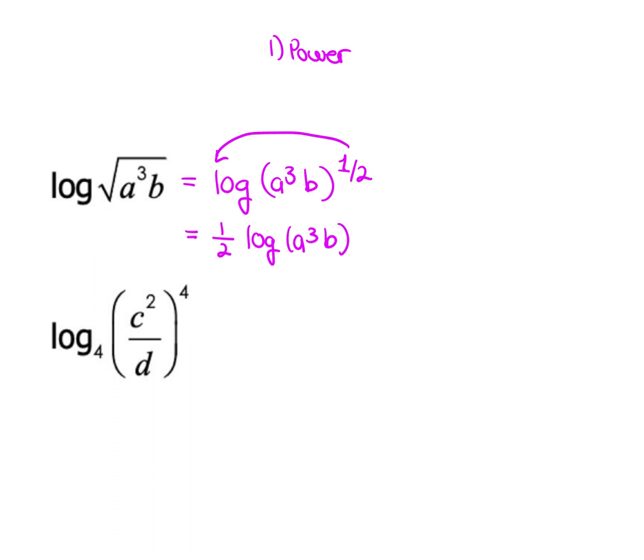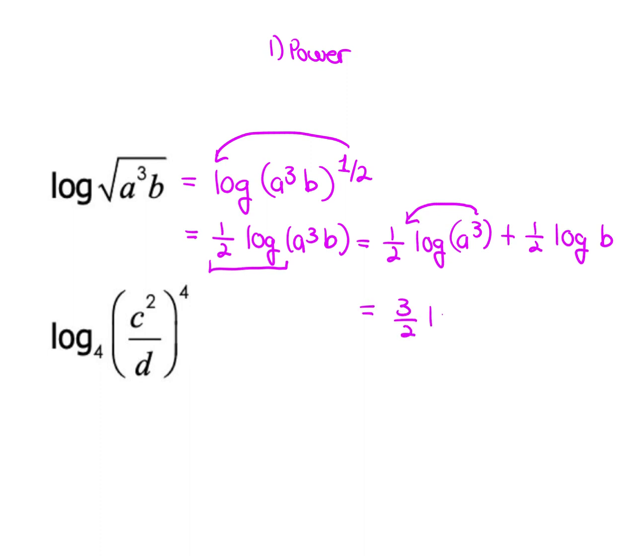So now this becomes our logarithm we work with, and we can expand this using the product rule. So this is going to be 1/2 log of a cubed plus 1/2 log of b. And now again, we can use the power rule. So this will be 3/2 log of a plus 1/2 log of b.